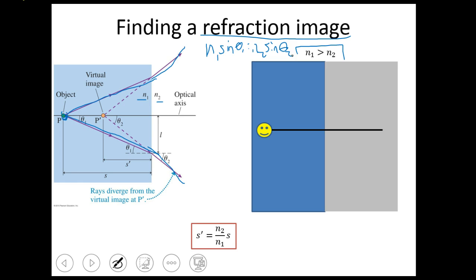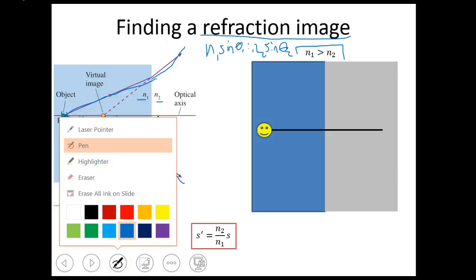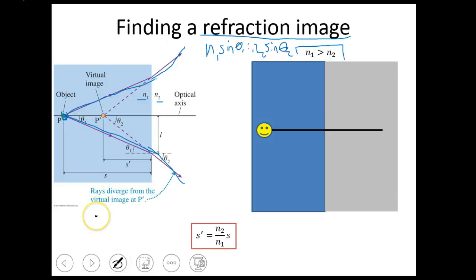I can find that. And so I trace this out, and then to find where, if I've got a person on the outside looking into the water, they are going to see this object, all I do is take these light rays that have come out, and I trace them straight back in, as if they were never refracted at all.